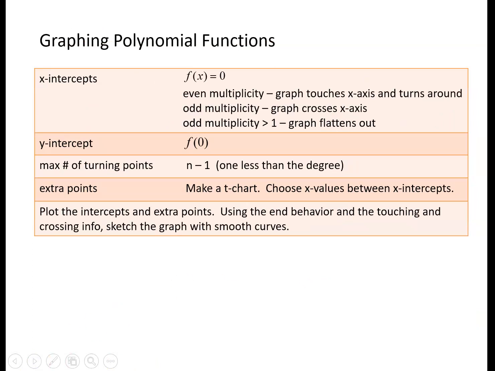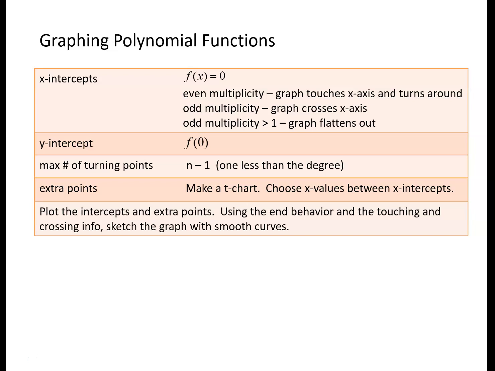Now here are some other things we are going to find when we start graphing. We will find the x-intercepts, the y-intercept, and we'll find the maximum number of turning points, and we're going to need a few extra points to make a good graph, and we will plot those and remember to sketch a smooth, continuous graph.